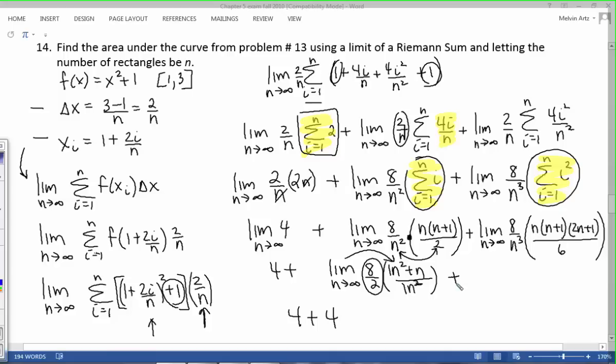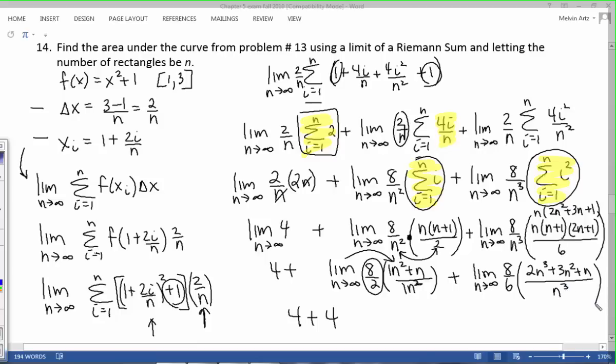And I'm going to use the same technique over here. If we take the limit, and I'm going to switch now the 6 with the n cubed. Now if I multiplied out this quantity up here, we'd have 2n squared plus 3n plus 1 times n. So we would have 2n cubed plus 3n squared plus n all over n cubed.